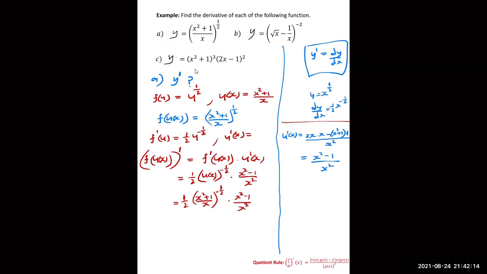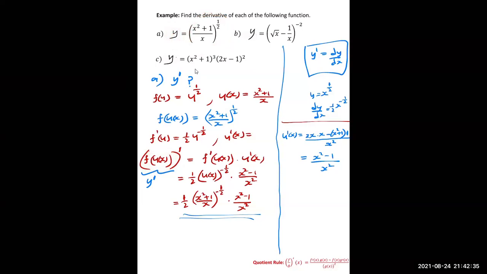That's your answer. That is the derivative of the composition of these two functions. Or in other words, this is nothing but your dy over dx, y prime, because this was your function. This is the function f of u of x.